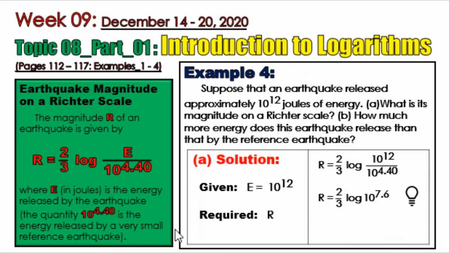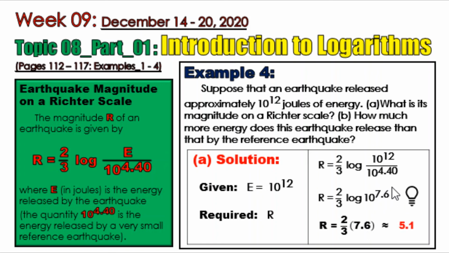Looking at the given, our base is 10. So what is the answer for the logarithm of 10 raised to 7.6, given that our base is 10? What must be the exponent of 10 so that we can get 10 raised to 7.6? Of course, the answer is 7.6.